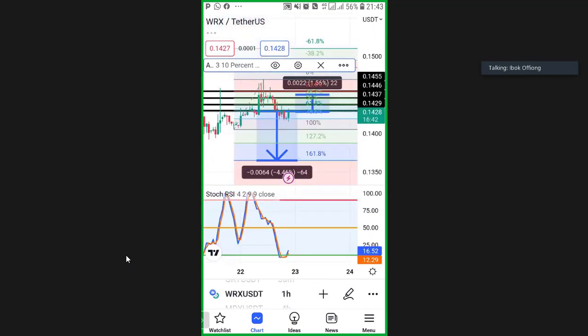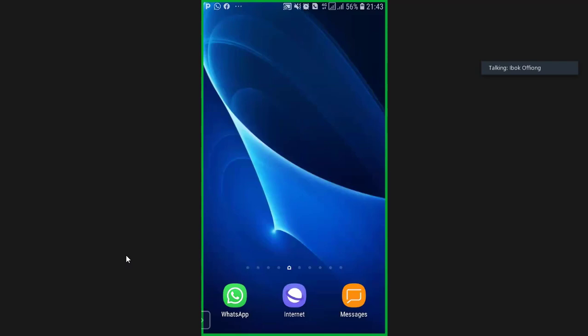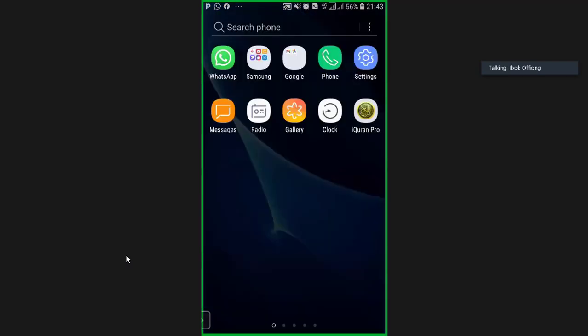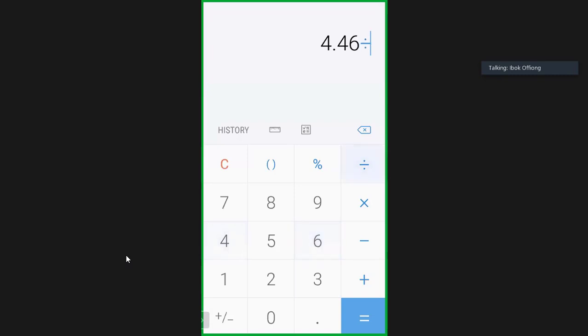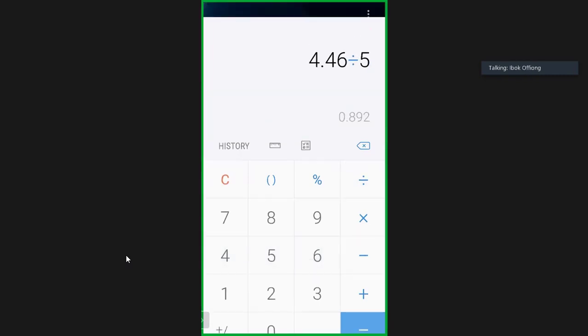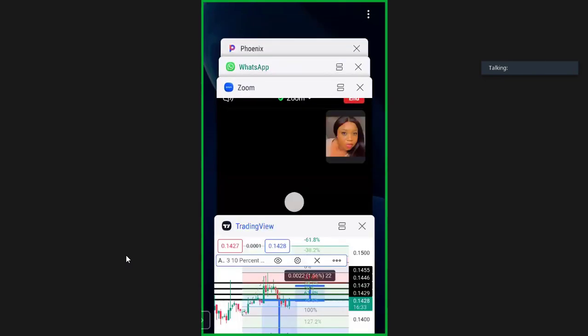I go to my calculator, 4.46 divided by 5. You have 0.89. First call will be 0.89, up to the fifth call.